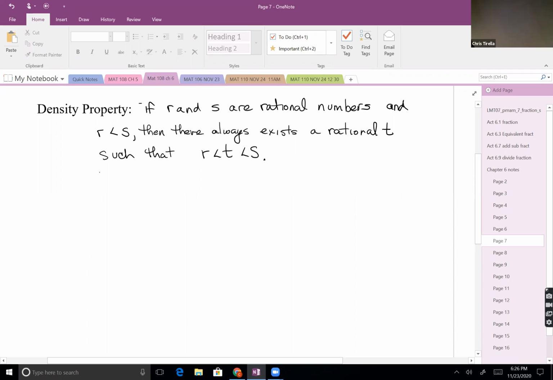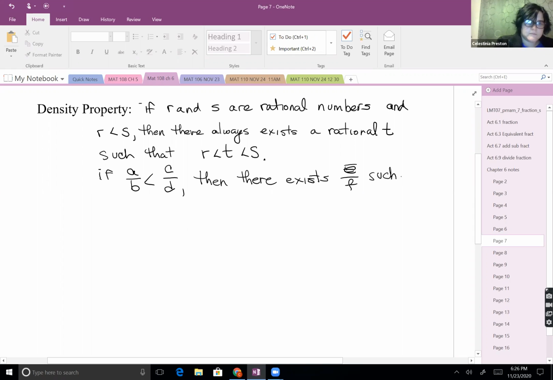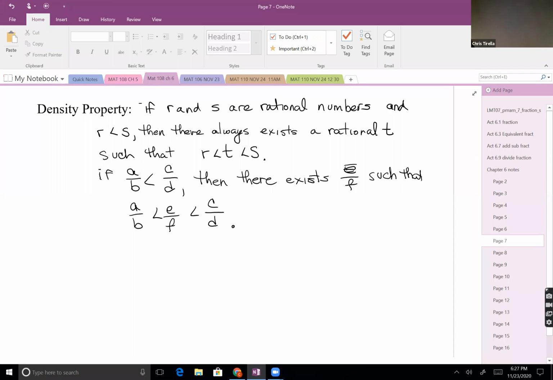Or we could say that if A over B is less than C over D, then there exists an E over F such that A over B is less than E over F is less than C over D. Or just the general idea that whenever I have any two fractions, I can always find another fraction whose value is in between them.